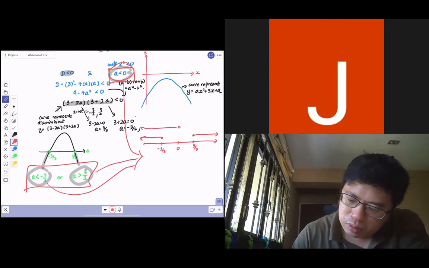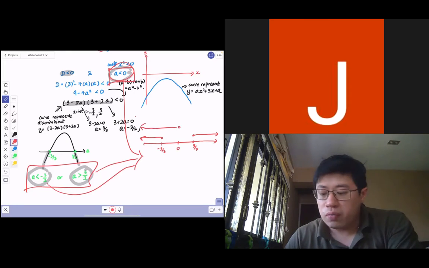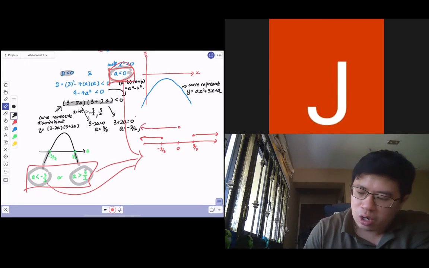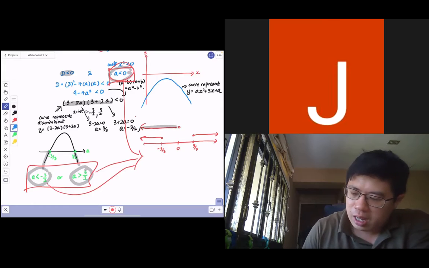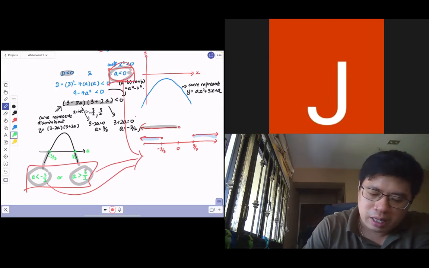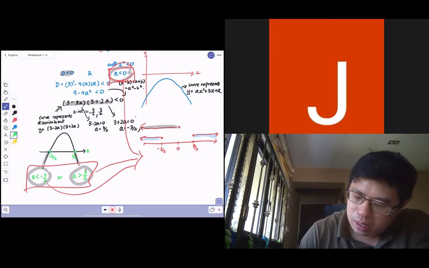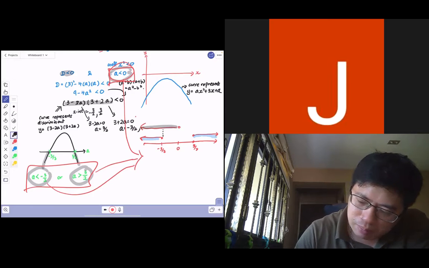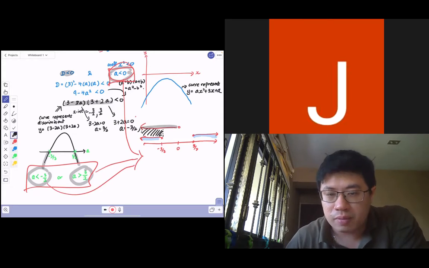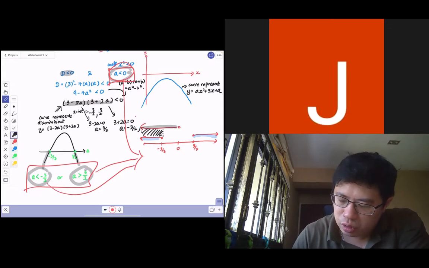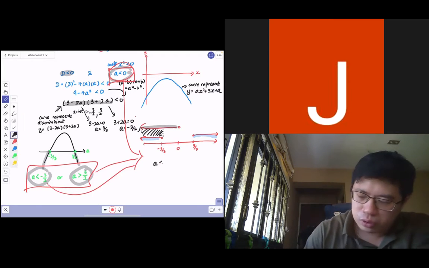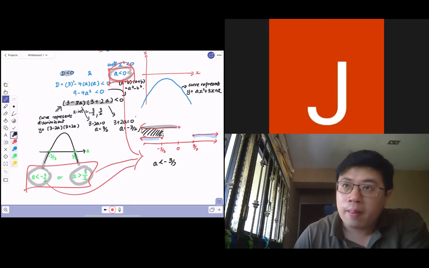If we look at this, the intersection of the first and the second, you can see that there is only one section here that encompasses the intersection of both sets, which is a less than negative 3/2.